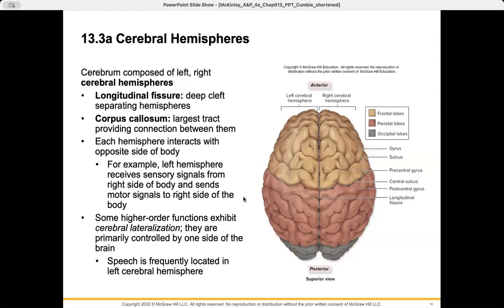We do know that for a lot of different functions, we have a kind of crossover here. So when they are connected by corpus callosum, each hemisphere interacts with the opposite side of the body, which we call contralateralization. For example, the left hemisphere will receive signals from the right side of the body and send motor signals to the right side of the body. And that's kind of how they work.